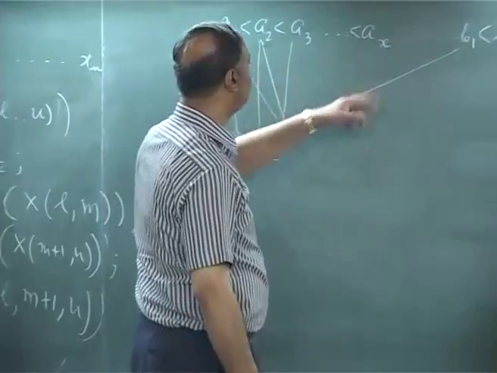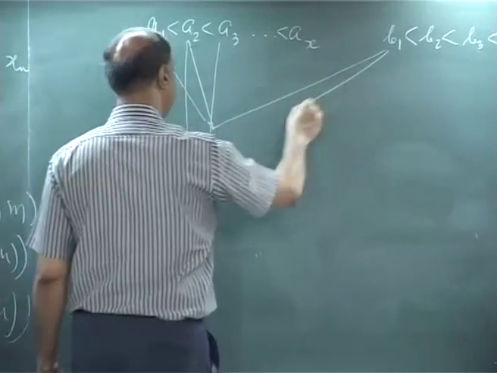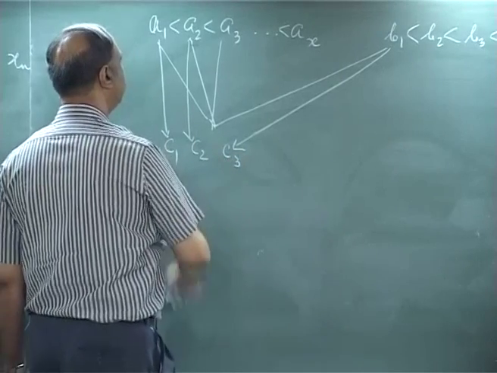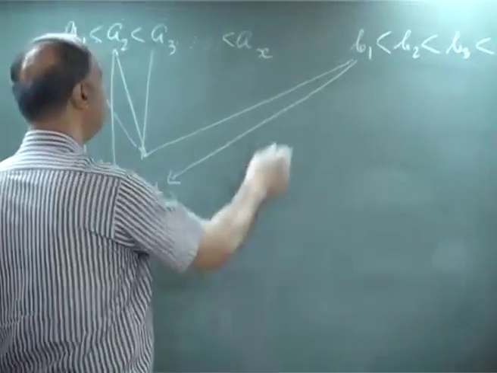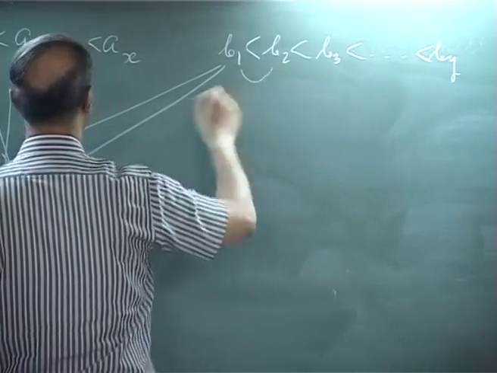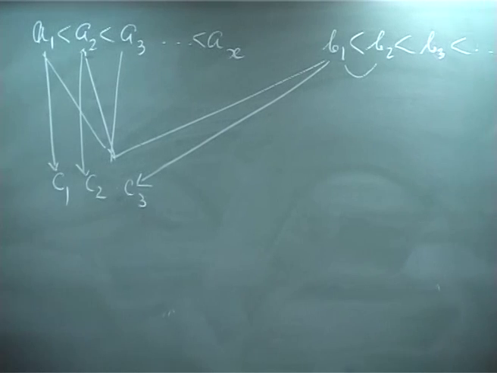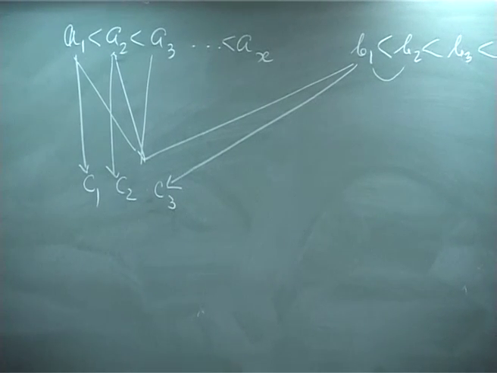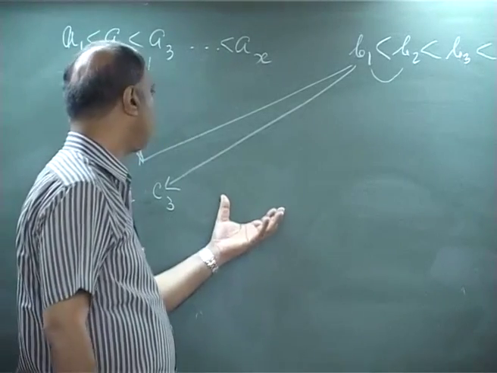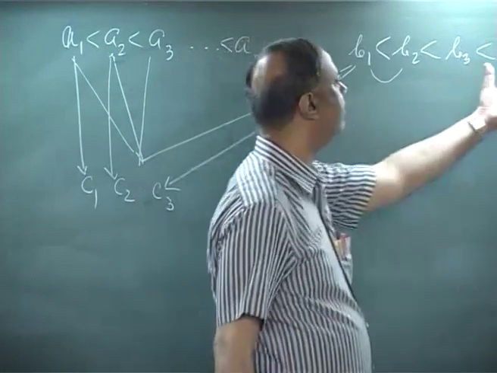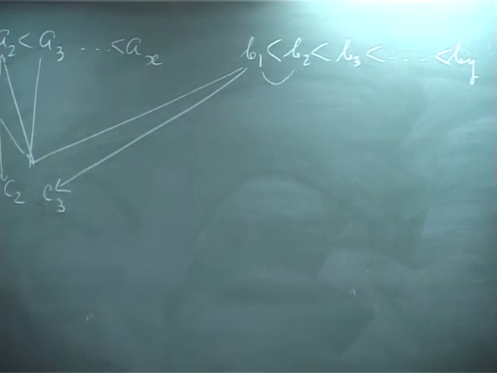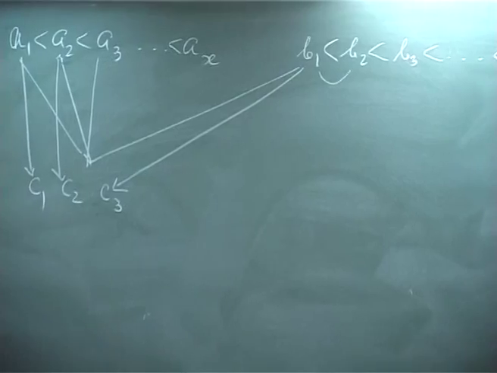Now A3 is compared with B1, and if you find that B1 is smaller than A3, then B1 comes and the pointer moves to the next place. Proceed until one of the sequences is already transferred to the C sequence, and the remaining elements are brought straight to C to get the final merged sequence.